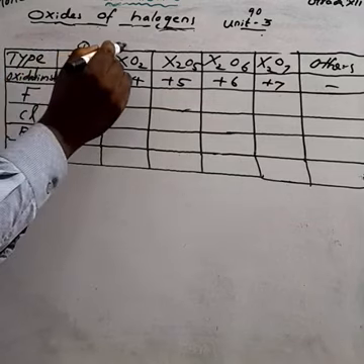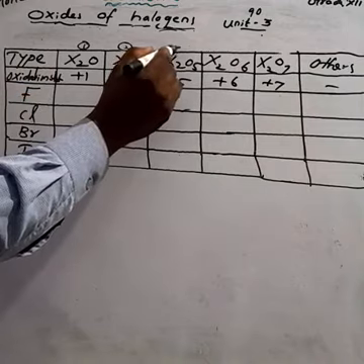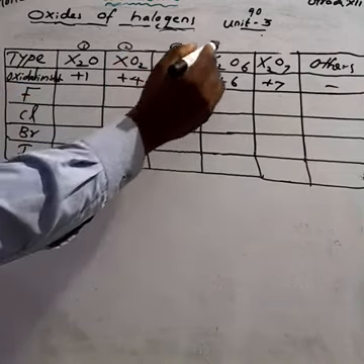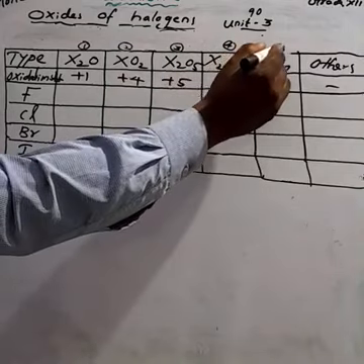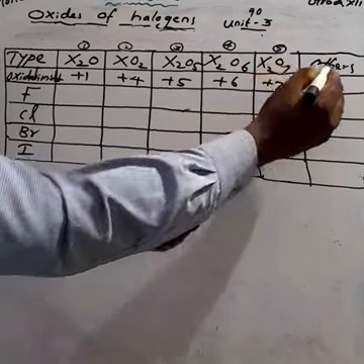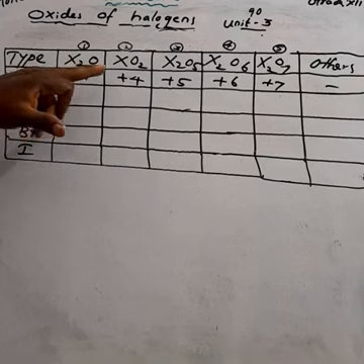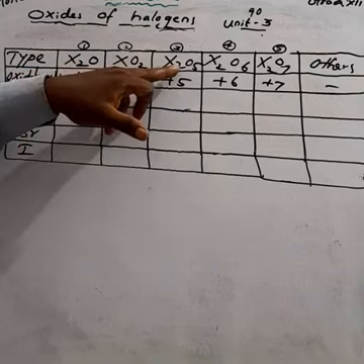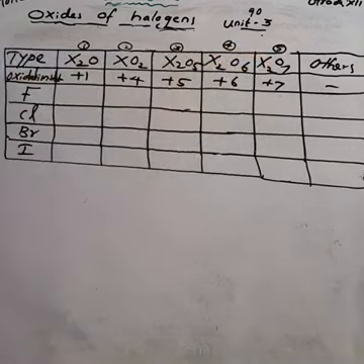X2O, XO2, X2O5, X2O6, and X2O7. So here, X2O, XO2, X2O5, X2O6, and X2O7.